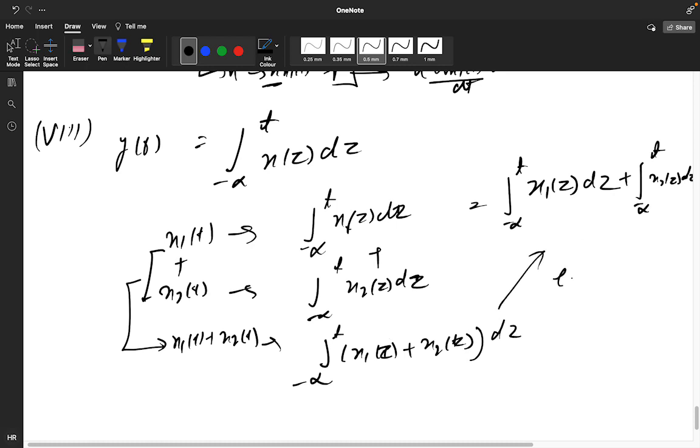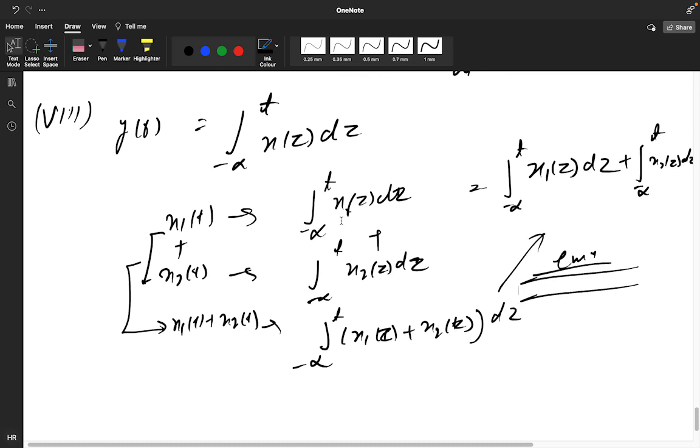So both are equal. Even if you multiply with some constant k, k x1 of tau d tau will come, and the same result will come. So it's following the law of homogeneity also. So integration and differentiation follow the law of homogeneity. Always remember.